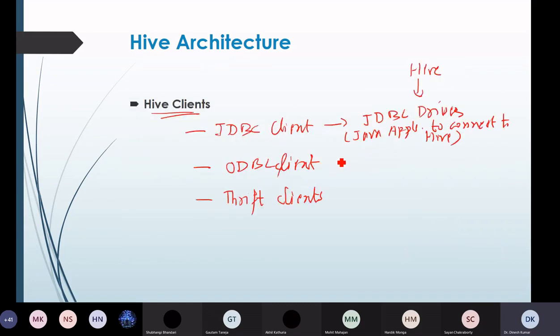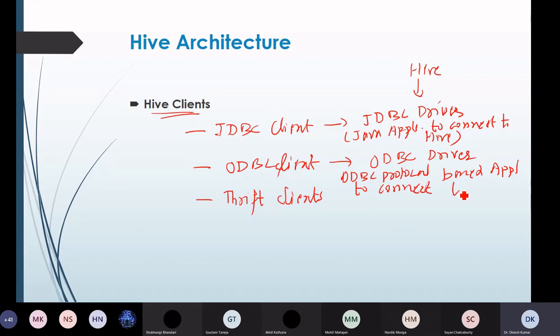So this is one. The second is ODBC client. If the requests are coming from ODBC client, then there is an ODBC driver which Hive provides. Now this allows the ODBC protocol based applications to connect to Hive. Right?